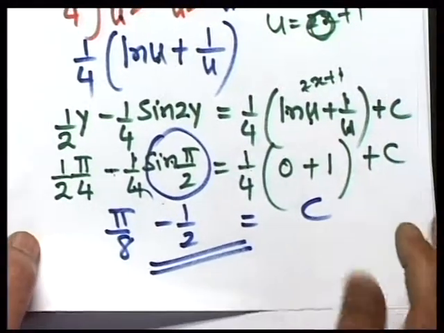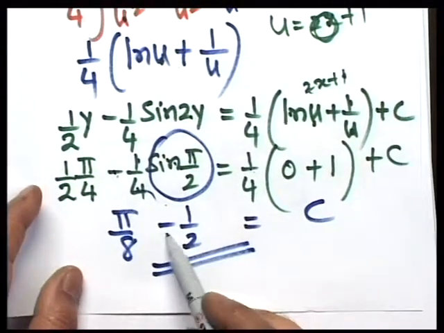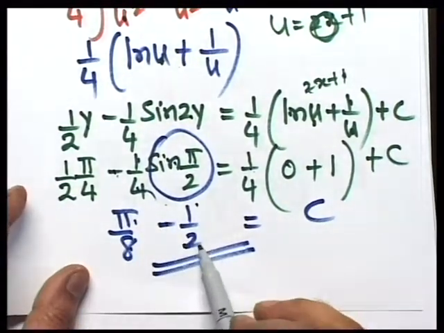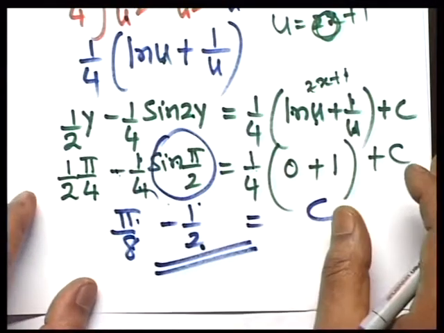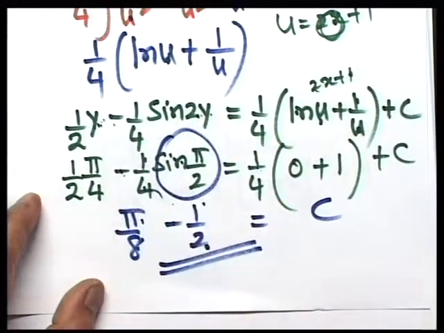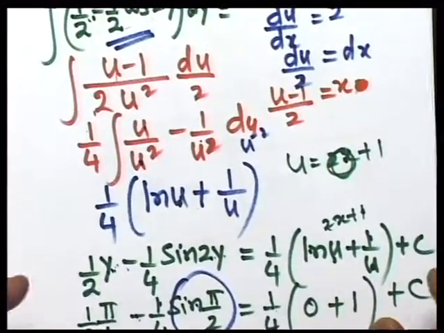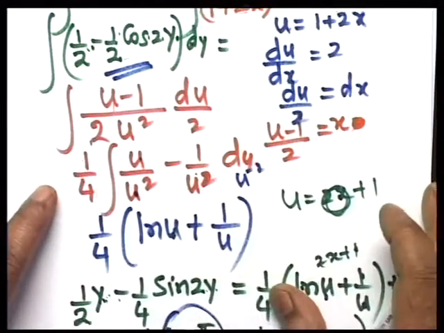So we go to this equation again and substitute the value of c as pi over 8 minus a half, then you can leave it like that in my opinion. There is no way you can make y the subject in these two. Alright, so that's one of the examination sums based on the substitution.